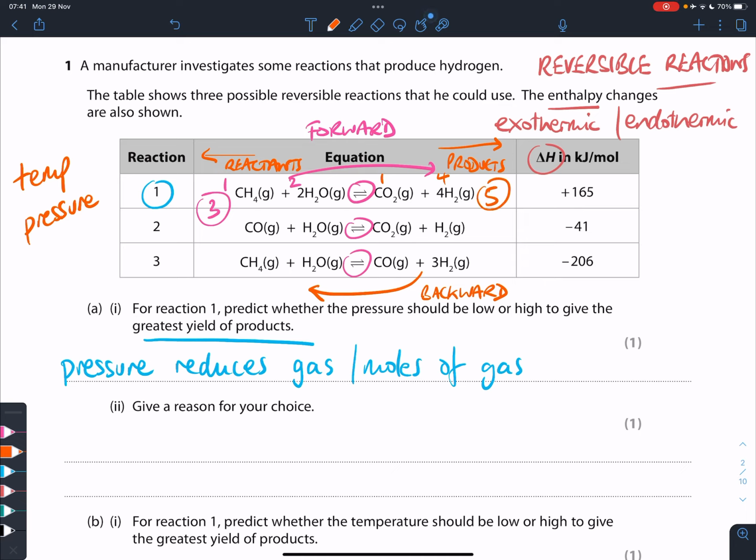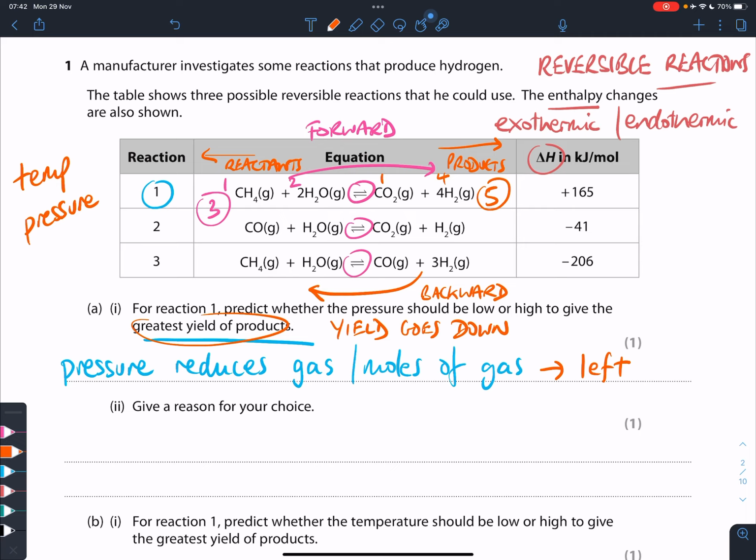So we've got more gas on the right, so if we increase the pressure, the reaction will move to the left, where there is less gas. So pressure reduces the moles of gas, so it moves to the left. So the yield will go down. So the reaction will shift to make more reactants and fewer products.